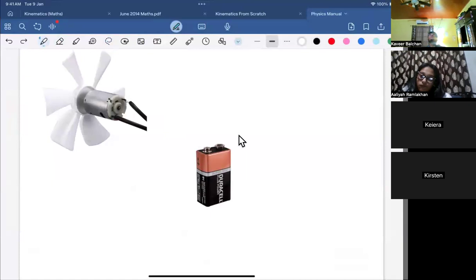If I switch the terminals of the battery, what do you think is going to happen to the direction of the spin? Is it going to spin in the opposite direction? Yeah, we saw that with the coil. Remember, the first thing we did at the starter class is basically this. If you change the battery, it will spin in the opposite direction. We know that. So let me just, one second.